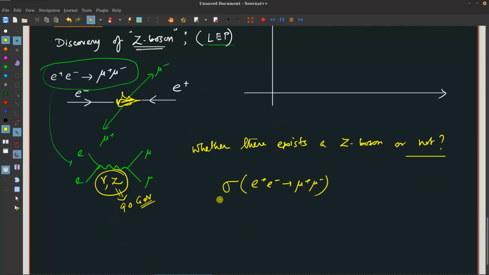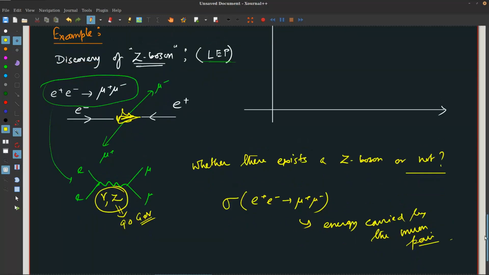So this cross section sigma is a function of the energy carried by the muon pair. Okay. Now, how do we see this thing?